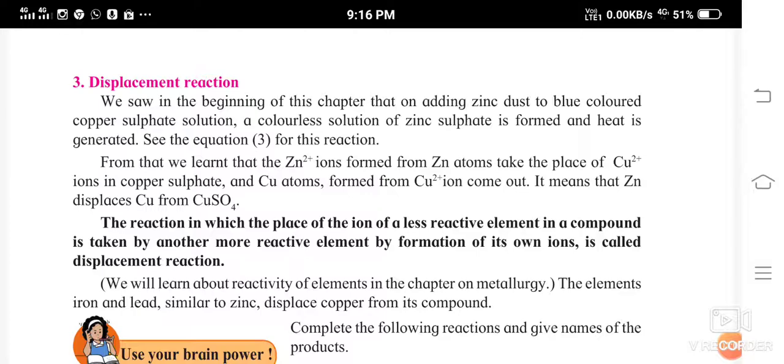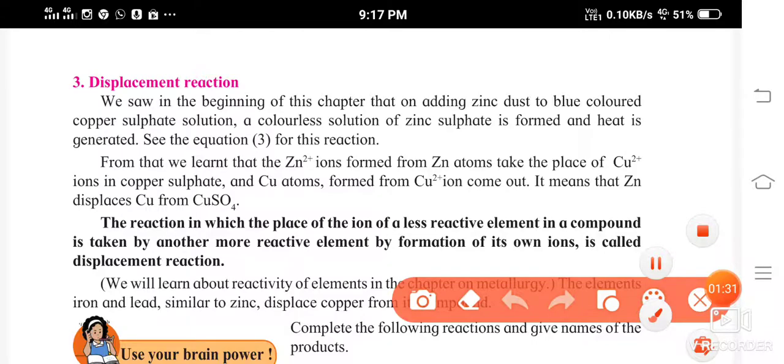And the solution became zinc sulfate. Copper sulfate was blue, but when you added zinc to it, it became zinc sulfate and the solution was colorless. Now what happened here? Zinc, being more reactive than copper, displaced copper from copper sulfate solution.